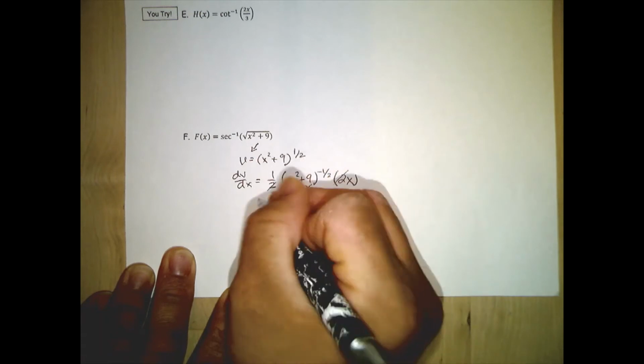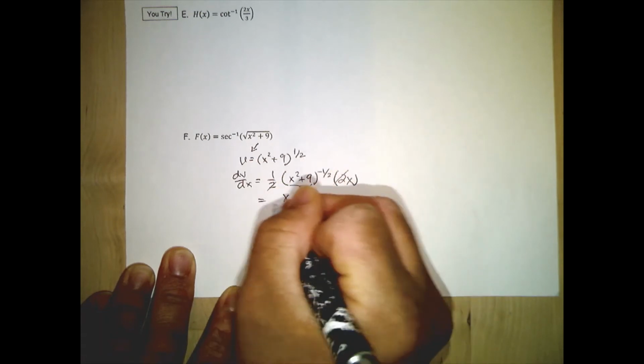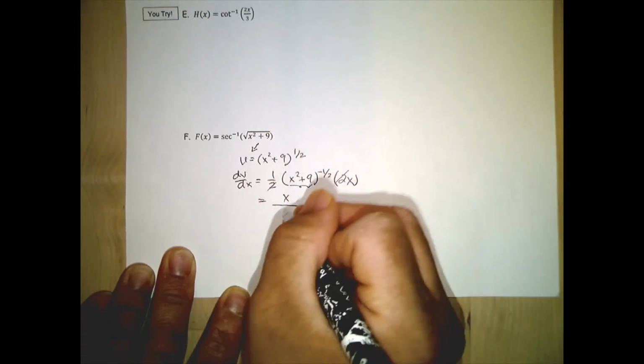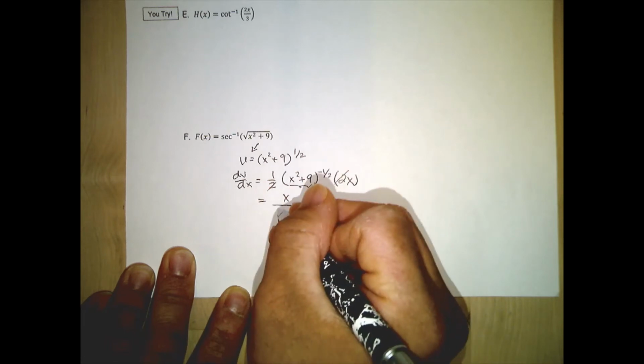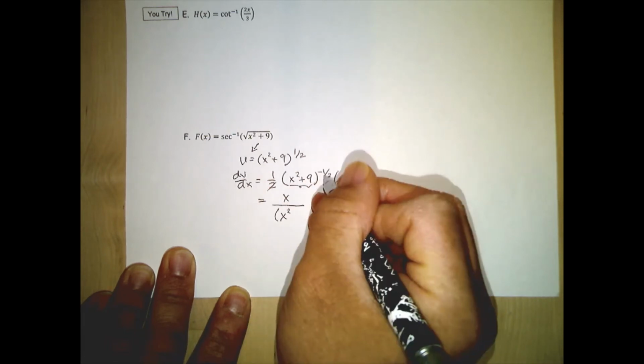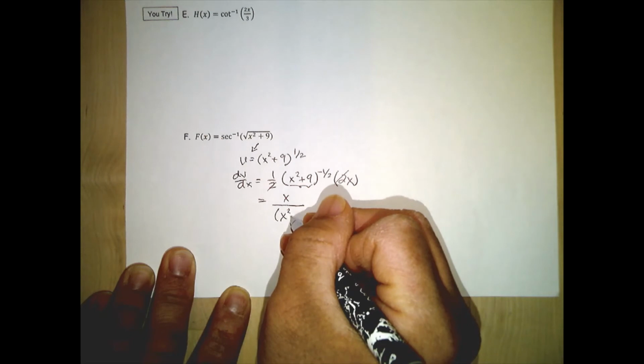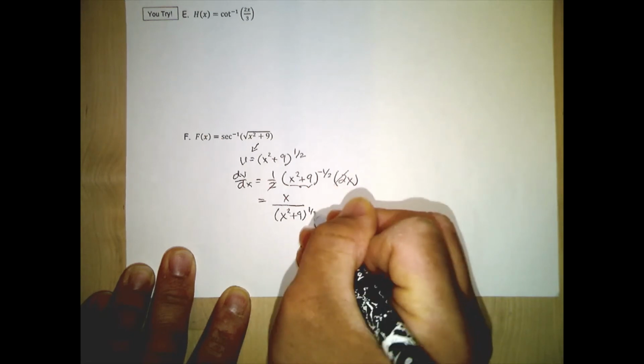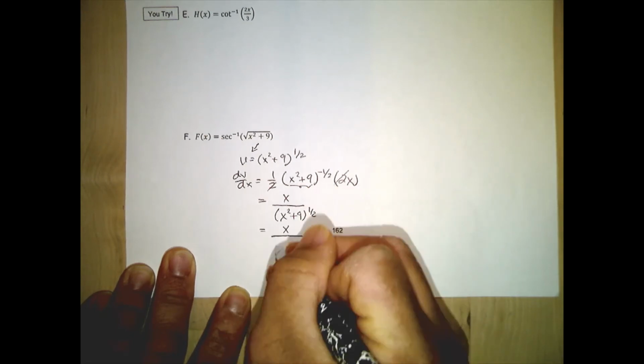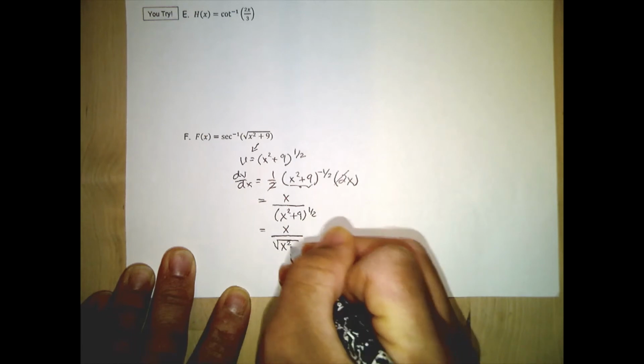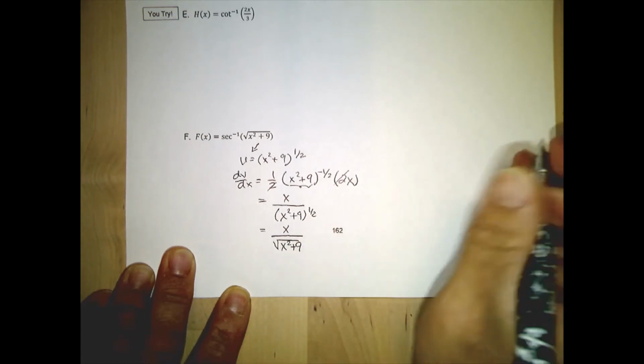The 2s divide out, so this will be x over 1 times x squared plus 9 to the negative 1/2 power, and I'll make this come back to the denominator, so x over x squared plus 9 to the 1/2 power, or that's x over the square root of x squared plus 9.